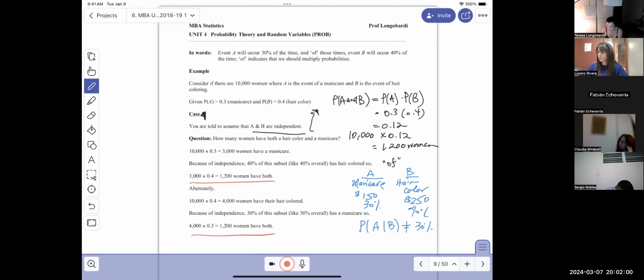Maybe it goes down, maybe it goes to 10%, because people are out of the market. They don't want to spend any more money. So this is an example of dependence.